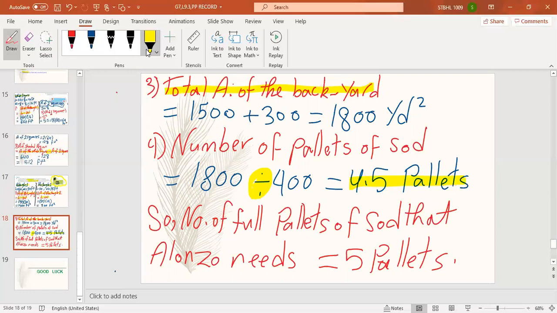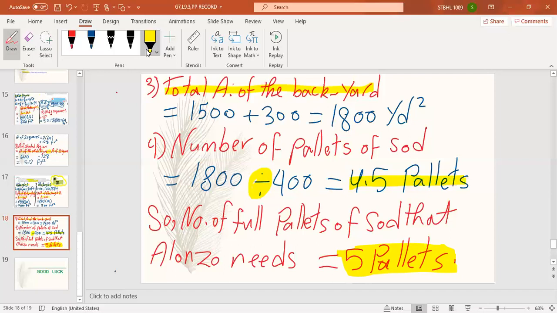Alonso cannot use it. He needs 5 pallets of sod to cover the whole backyard. And he will have some left over, this is not a big deal. The question asks how many full pallets of sod Alonso will need to cover the entire yard.